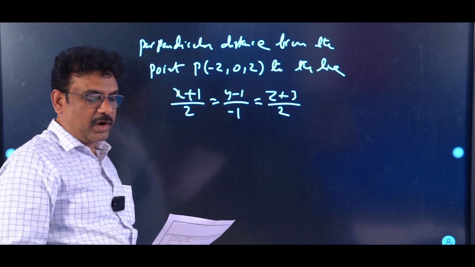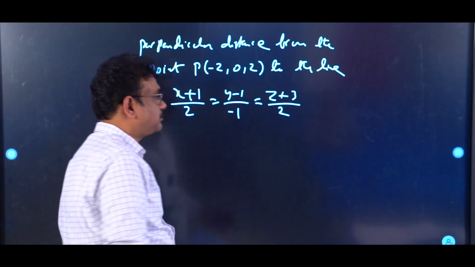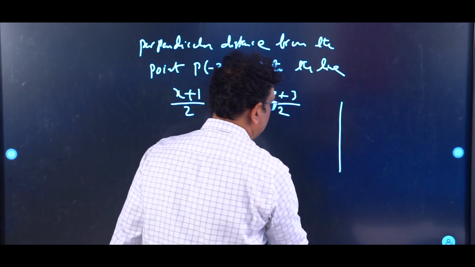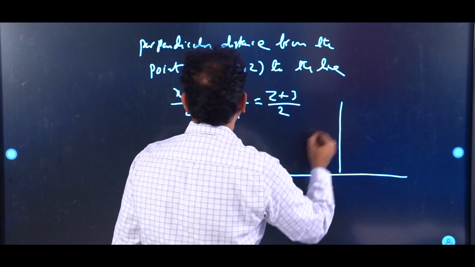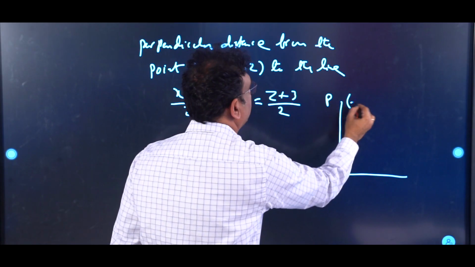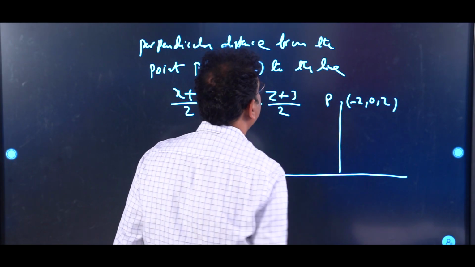Perpendicular distance from the point to the line. So this is the given point P (minus 2, 0, 2).